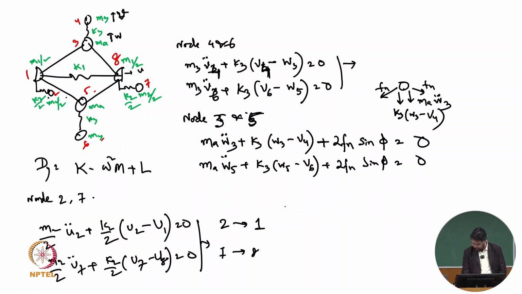So now if you see, w3 should be equal to u1 minus u8 divided by 2 tan phi.